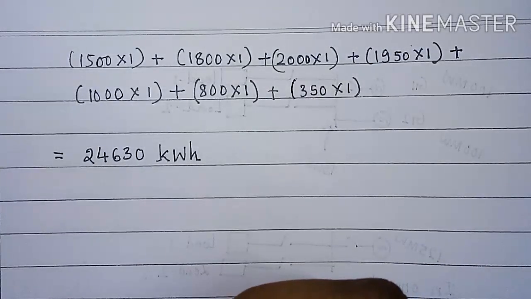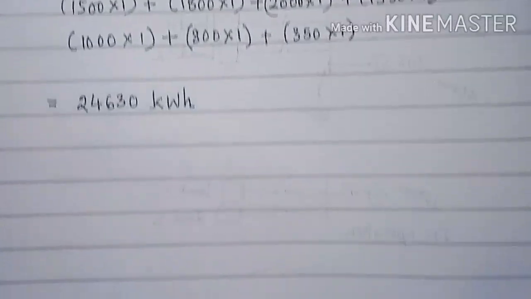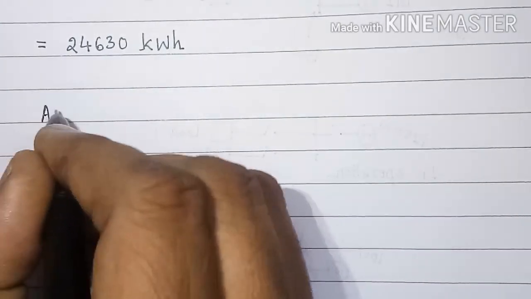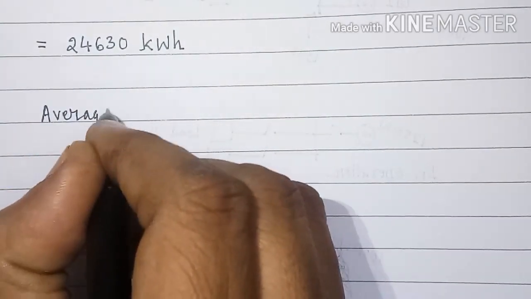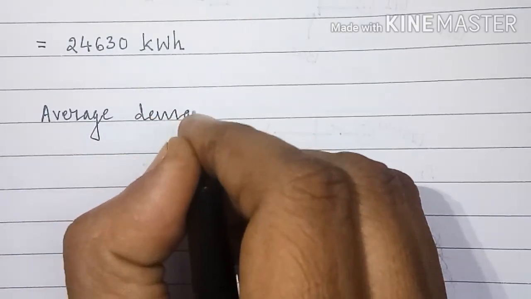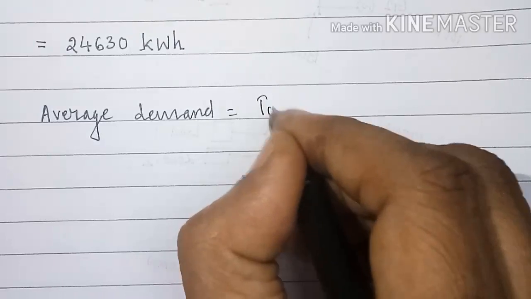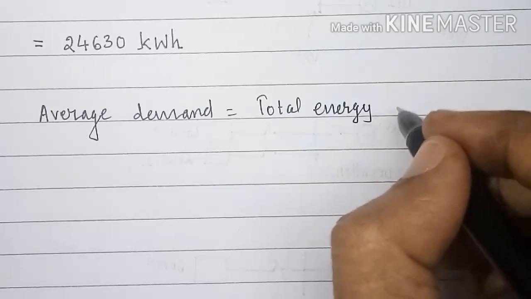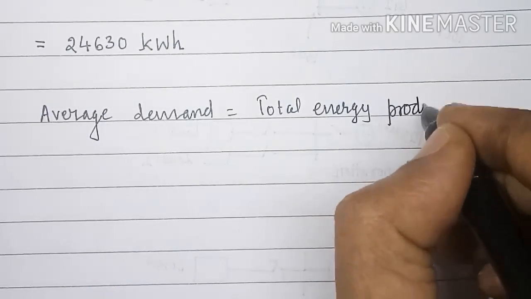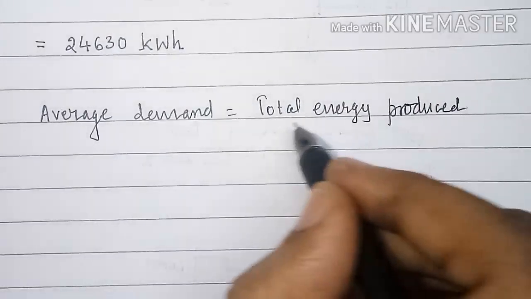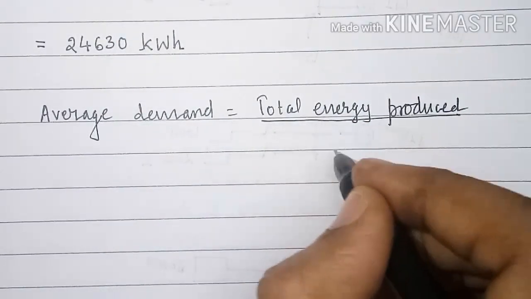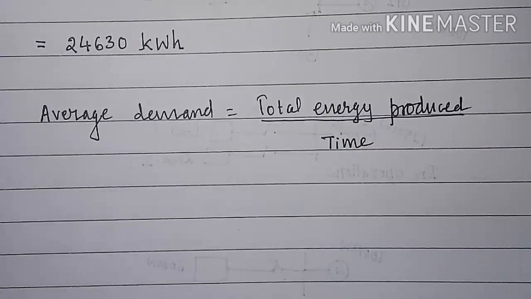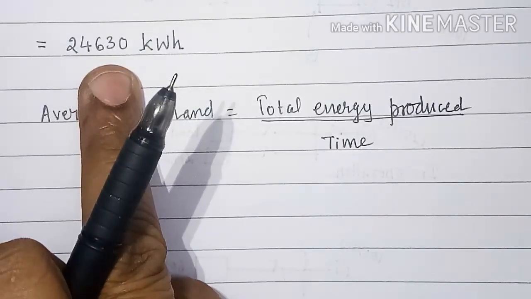Now we can calculate what is the average demand. Average demand is equal to total energy produced by time. Here our energy calculation is for 24 hours.